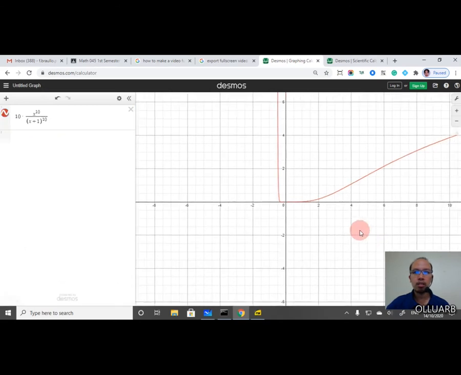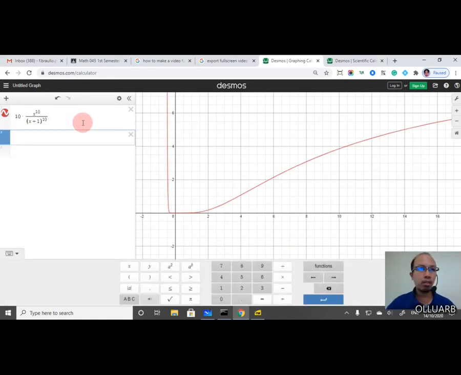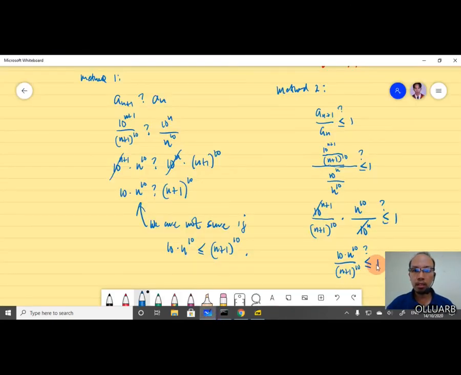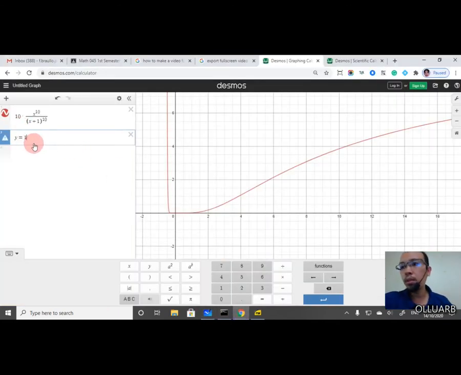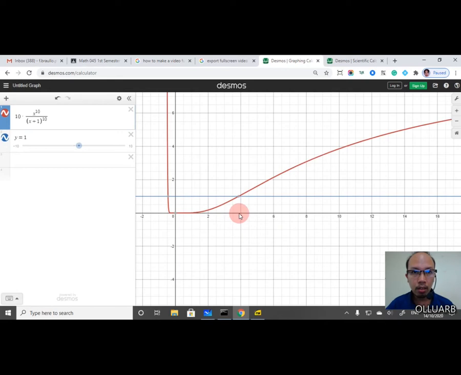Okay, so this is the graph. If you plot your 1 here on the right hand side, this is y is equal to 1. So meaning to say, when your n is greater than this value here, if you move from the right, then clearly the graph is above the line y is equal to 1.